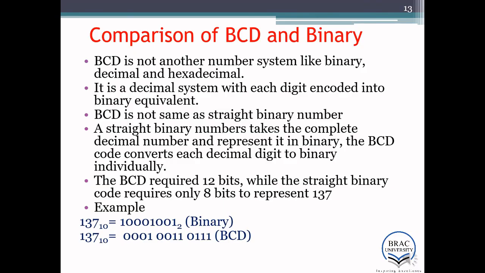The BCD code converts each decimal digit to binary individually. BCD requires 12 bits while the straight binary code requires only 8 bits to represent 137. So if you look at 137, in binary you need 8 bits, and for BCD you need 12 bits, because for each digit you need 4 BCD bits.